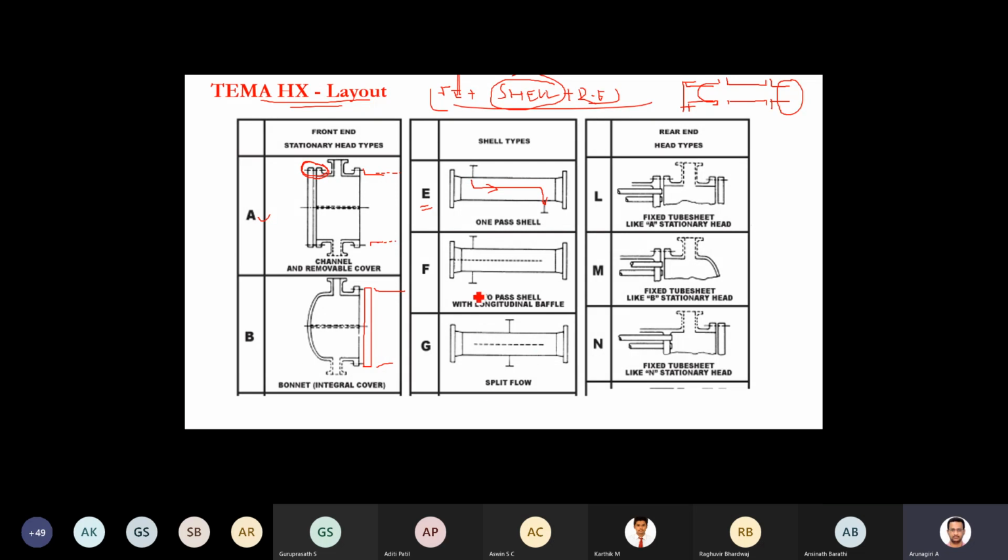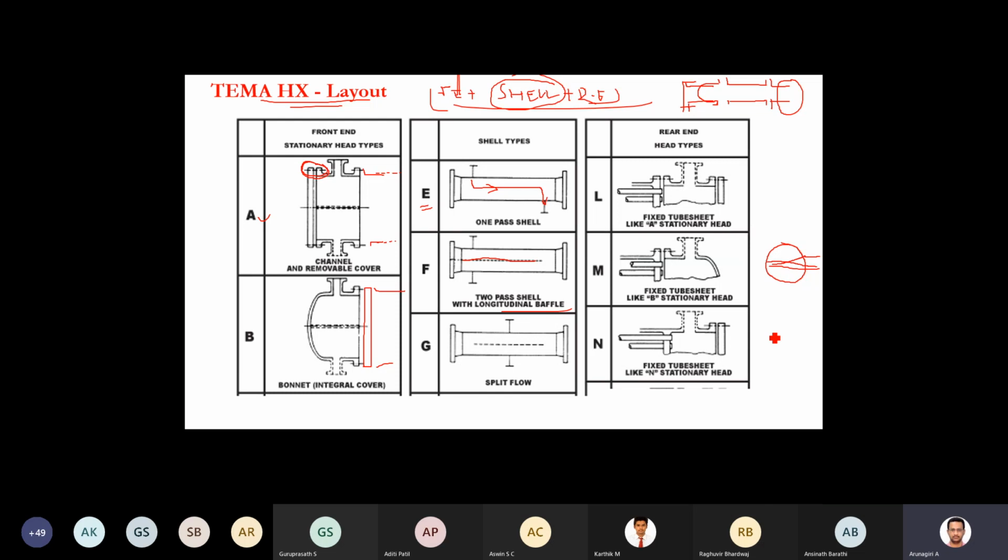Another one, a modification of this one pass shell, is the two pass shell. How can we get the two pass shell in exchangers? By providing a longitudinal baffle. This longitudinal baffle is connected with your tube sheet. If this is your tube sheet, you have to attach the longitudinal baffle like this.